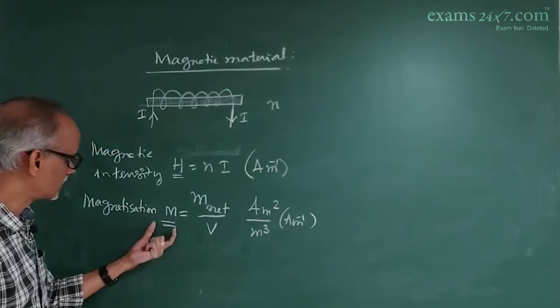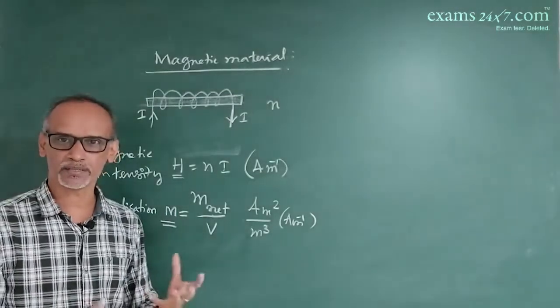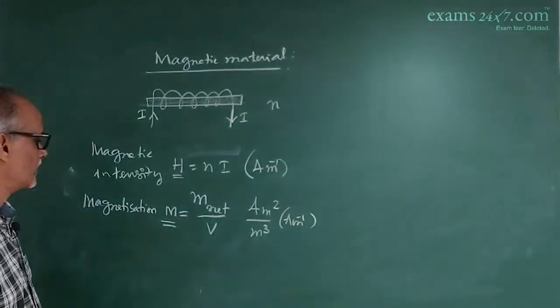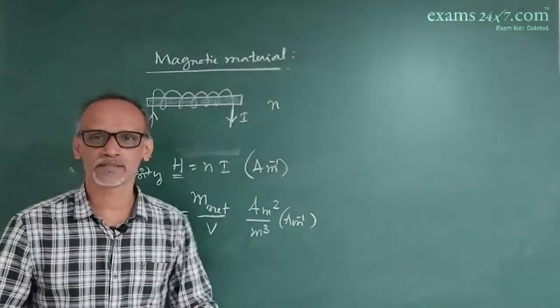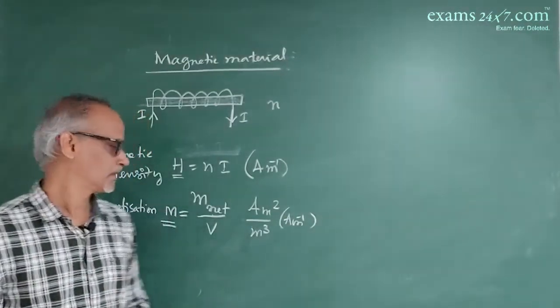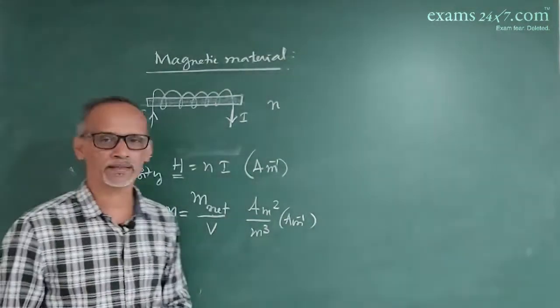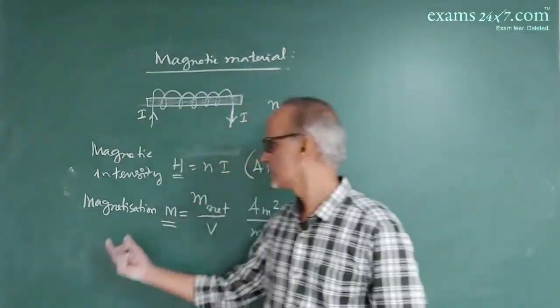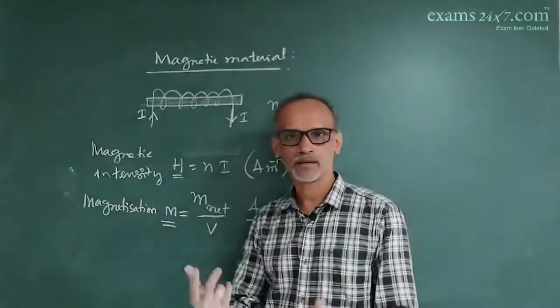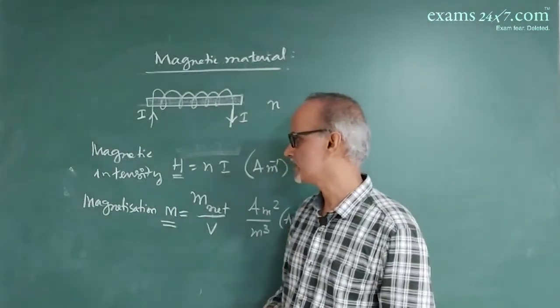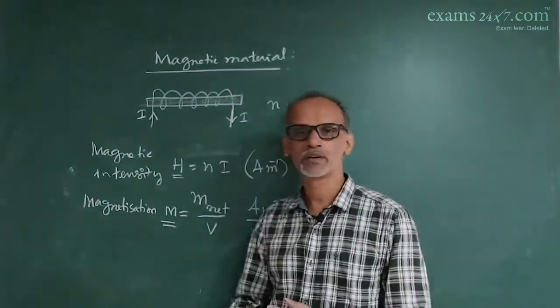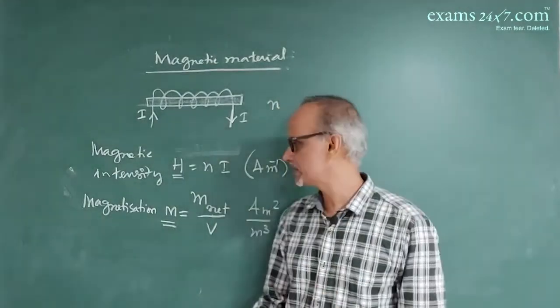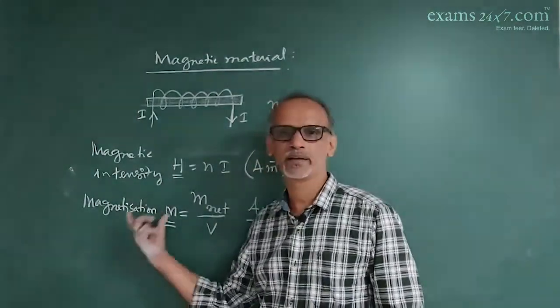Now, greater the magnetization, greater is the magnetic field that is produced by such material. And the material that can be easily magnetized is iron, or we call it a ferromagnetic material. In such material, the magnetization attained is very high.